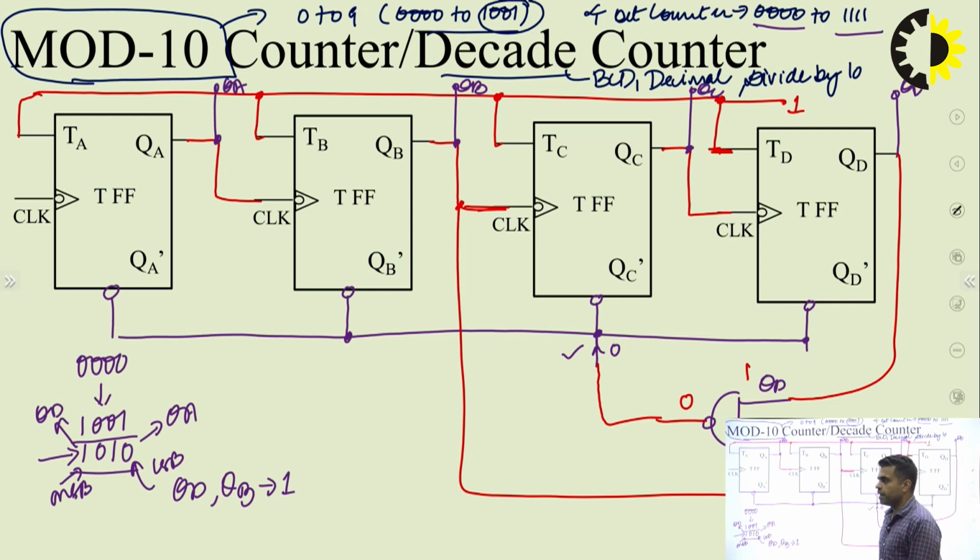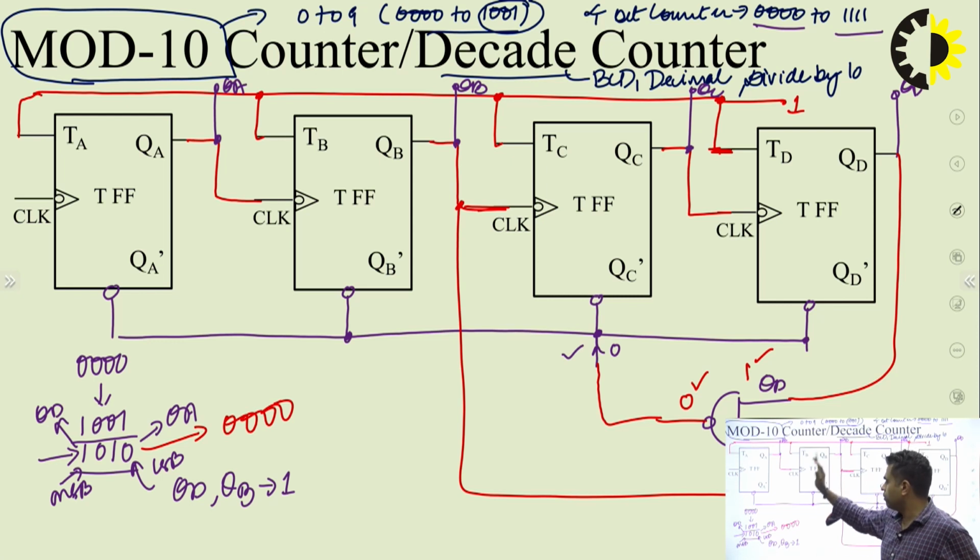Now it means that for some split of a second, or some momentary time, this 1, 0, 1, 0 will be generated, but it will automatically get converted to 0, 0, 0, 0, because as soon as 1, 0, 1, 0 appears, the 1 and 1 from QD and QB will make the NAND gate output 0, and this 0 will activate the clear input of all the flip-flops.